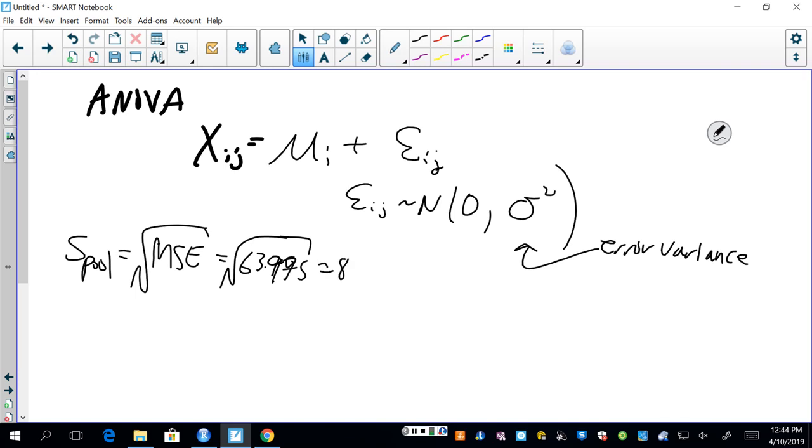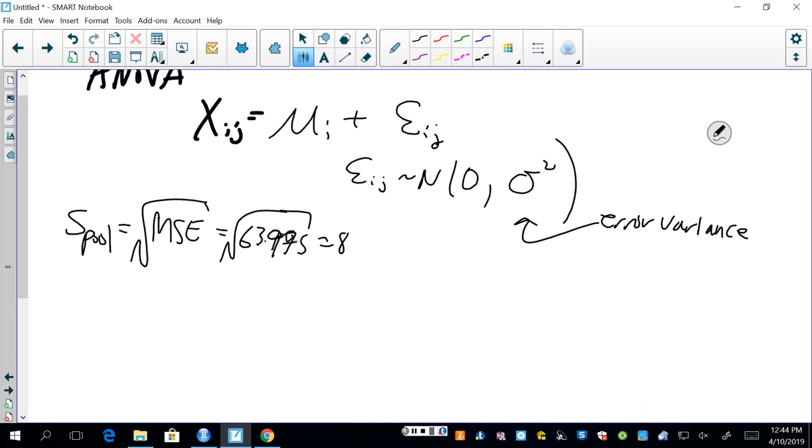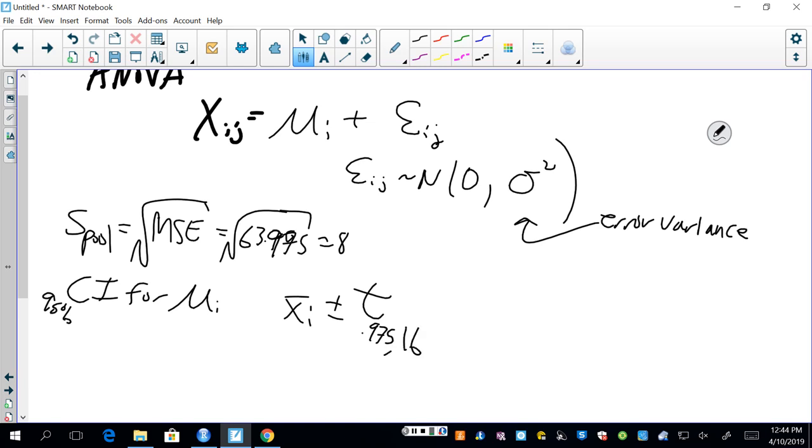And so a confidence interval for each mean, a confidence interval for mu sub i, just taking a 95% confidence interval for each one at this point, would be centered at the average for that group, plus or minus a t value, the 0.975 t value with 16 degrees of freedom, associated with the error.